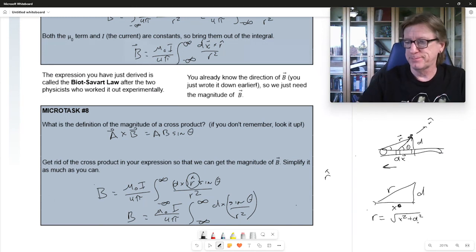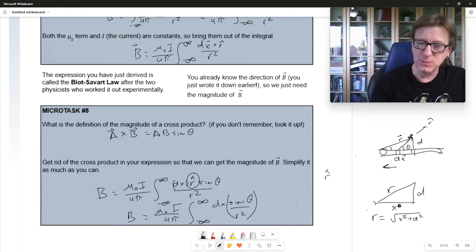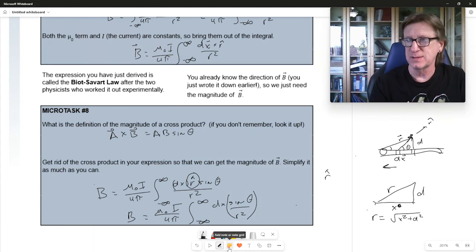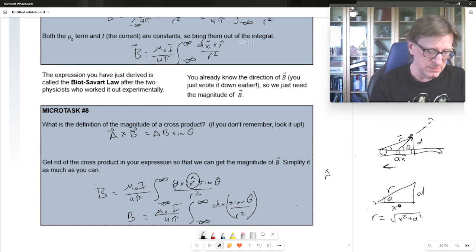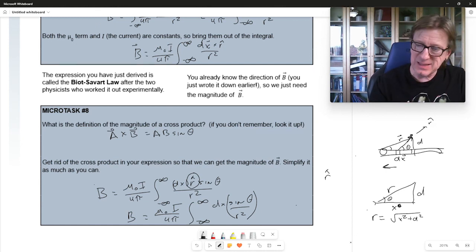Now we also need to get rid of our sine theta. This angle here is theta, so sine theta is simply going to be d over r.